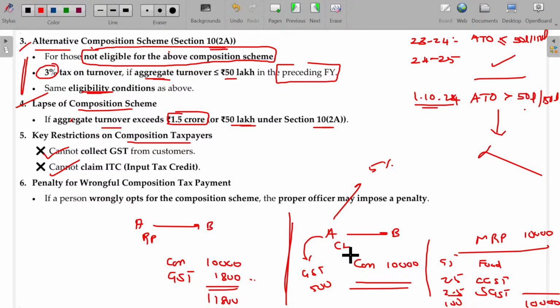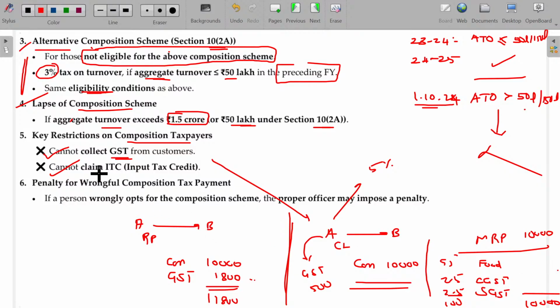If the MRP is 100 and 5 rupees is additionally collected from you, it is illegal. Otherwise, they are unaware. We have the chance to guide them for a fee. So, cannot collect GST from the customers. This is the situation. So the bill looks like this; it's just a manipulation.